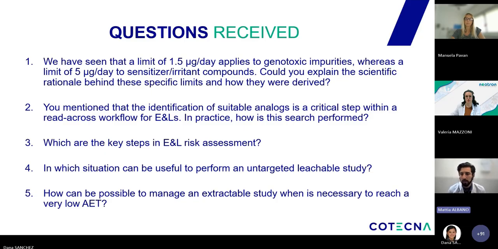In this case, the untargeted leachable study can help to verify that these little changes do not impact the drug product. Another example can be changes of the secondary packaging. All these types of minor changes can be investigated, in my opinion, under untargeted leachable studies, and represent a sort of addendum to an extractable and leachable study performed before.